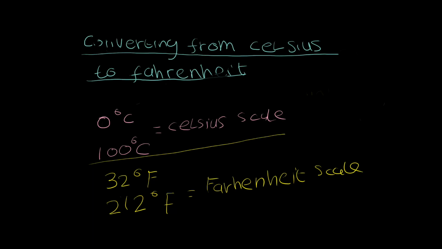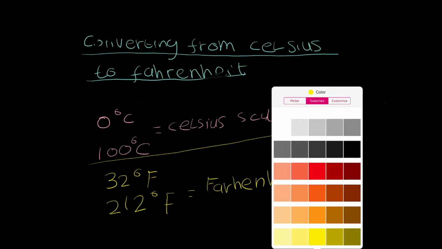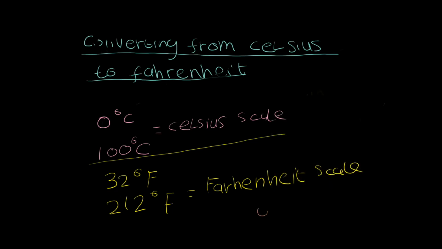And if we find the equation of the line, which we all know is given by y equals mx plus b, then we'll have a relationship in terms of the Celsius and Fahrenheit scales. Then we'll be able to rearrange and work out whichever one we need.